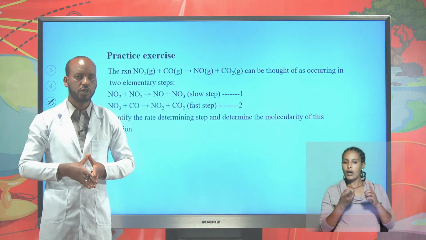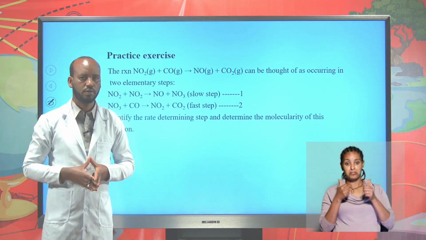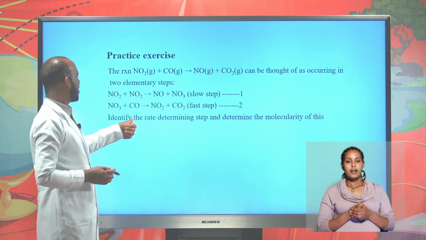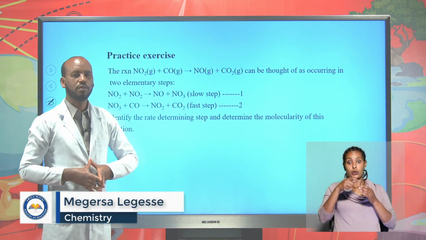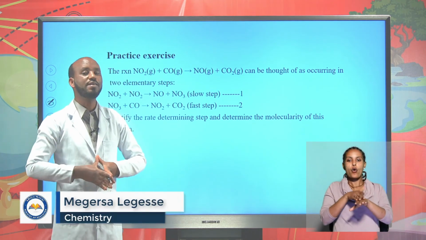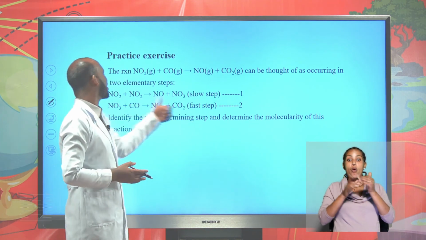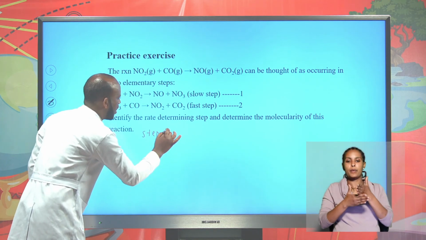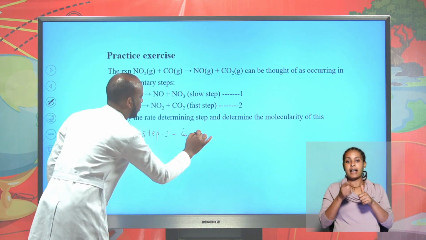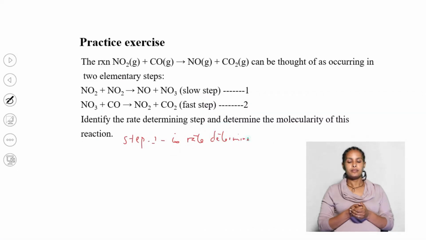Welcome back again, students. How did you do? Good. Identifying the rate determining step. As we said, the slowest step is the rate determining step. Therefore, step 1 is the rate determining step.